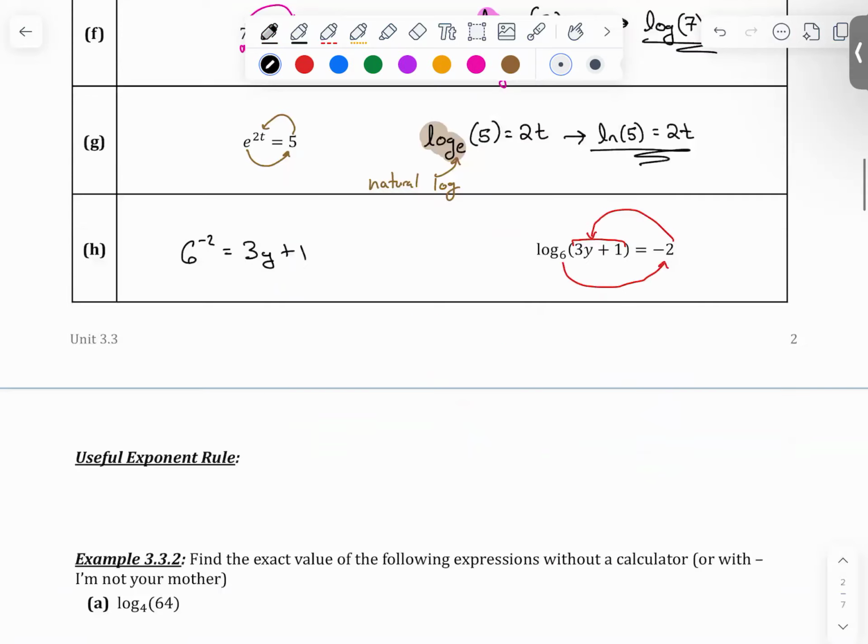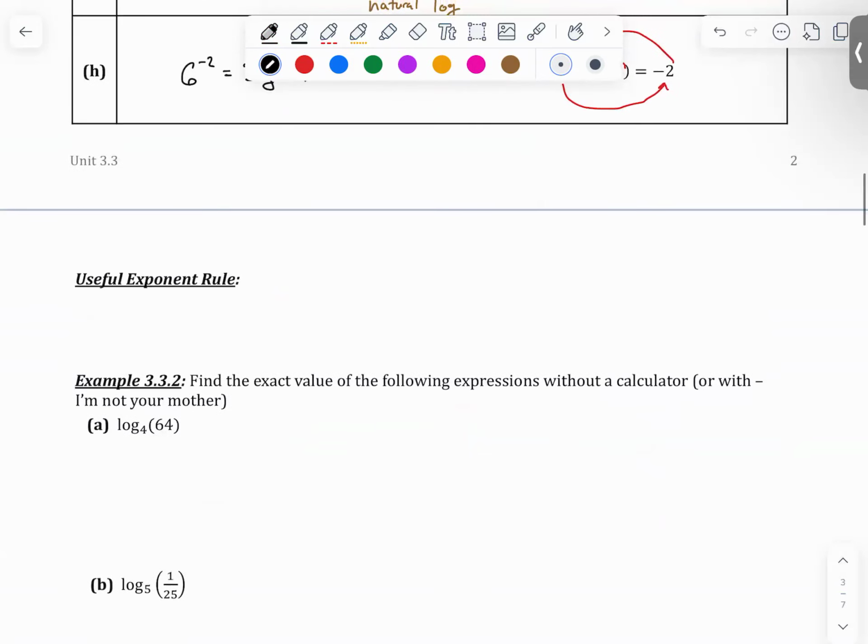One last thing for this video is dealing with a very, very useful exponent rule: if a to the u is equal to a to the v, and remember, these are the same base. This is not going to be true unless they're the same base.